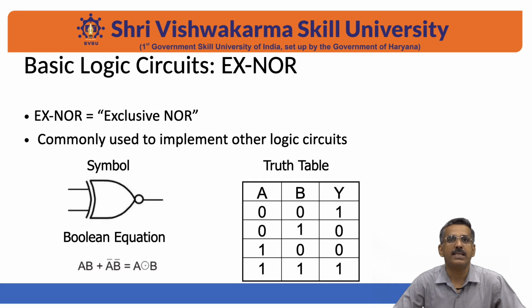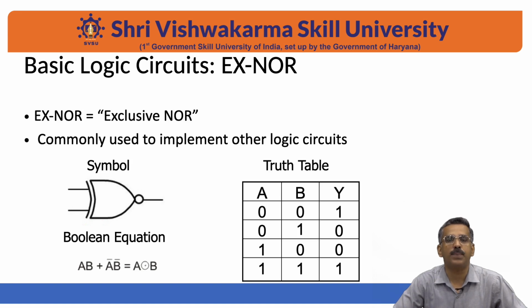Now let us see the seventh important gate, that is the exclusive NOR gate. We also call it the XNOR gate. In this case, the symbolic representation of this logic gate is like this, and the logical expression of the exclusive NOR gate is given as A into B plus A bar into B bar, the product of both the inputs plus the inversion of both the inputs.